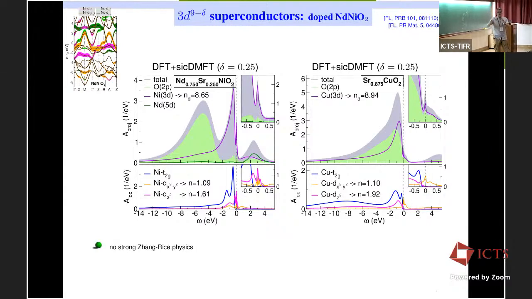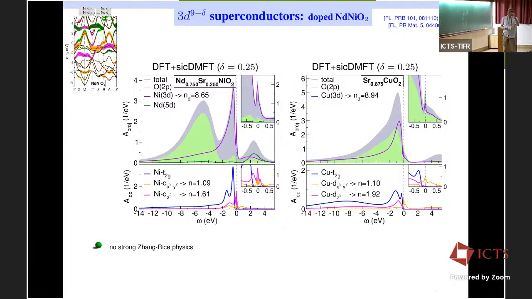So this is really Zhang-Rice-like. Oxygen and transition metal atom go together hand in hand in forming the low-energy quasi-particle peak here at overdoping. And in the orbital resolution, it seems that X minus Y is the only dominant player at the Fermi level. Whereas when you go to the nickelate in the very same doping regime, you see that there's also a quasi-particle peak, but now the oxygen content is much less, because the charge transfer is so high, it doesn't mix in easily.